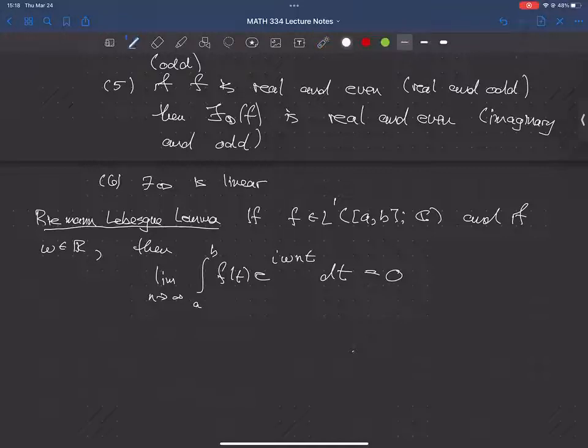I'm not going to give a fully comprehensive proof of the Riemann-Lebesgue lemma, but I'm going to make it hopefully believable for you. So what I'm going to do is tell you why it's true rather than proving it. Sometimes that's a better idea.